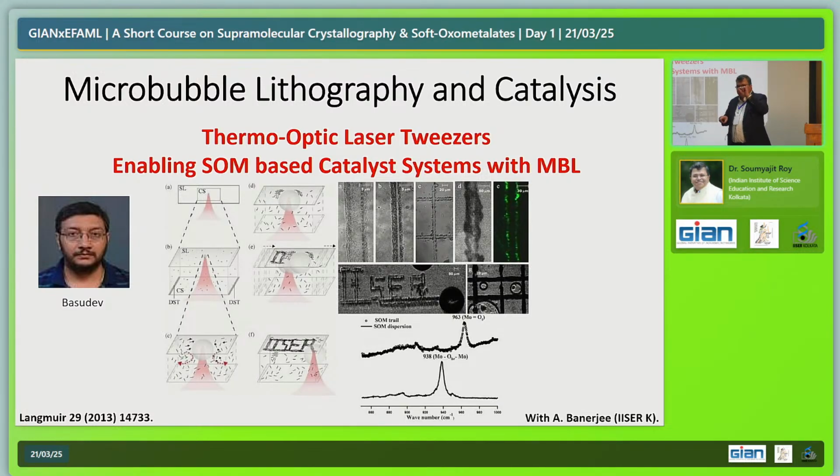A tweezer is like this, right? So you hold it. We wanted to hold the SOM in there. And what Basudeb found is that whenever he was trying to trap the SOMs with these optical tweezers, there was a jet of an ink-like thing that was coming off in the course of this patterning.